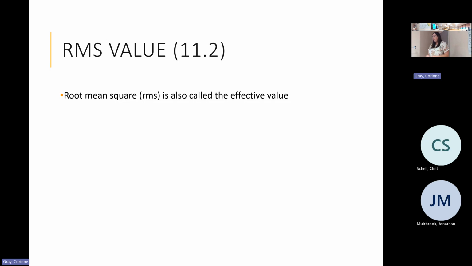When you hear root, what type of root do you think of when it's a mathematical thing? It is indeed the square root. What does mean mean mathematically? Yep, it's a square root of an average.